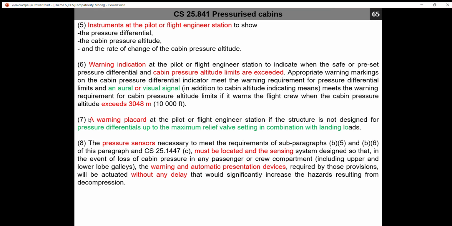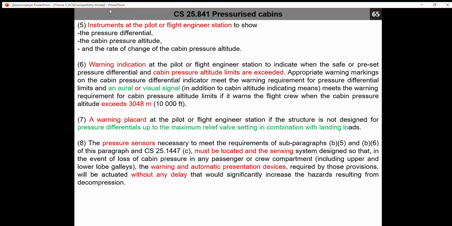And additionally, in the cabin you may find a warning placard. Warning placards show us boundaries or limits that may be reached during flight, and maybe some additional requirements that must be taken into account for flight.